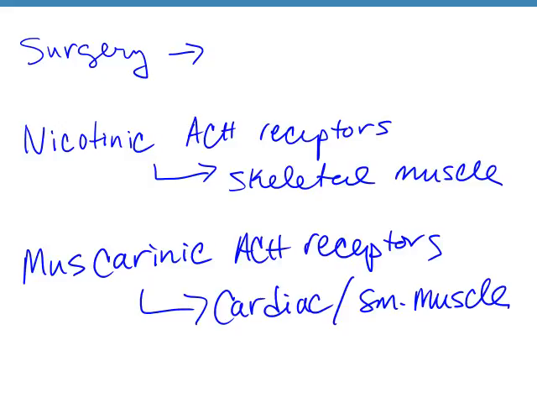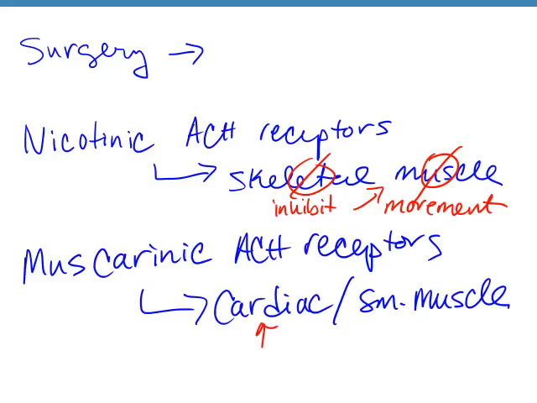So when you go into surgery, we want to stop skeletal muscle movement, right? We want to inhibit skeletal muscle movement while you're on the table. But we don't want your heart to stop, and we don't want your blood vessels to stop pumping blood.